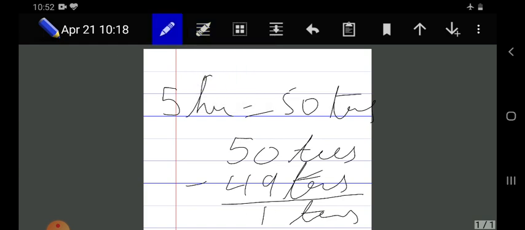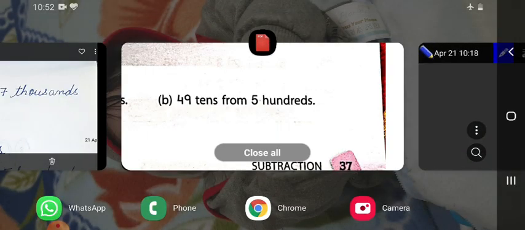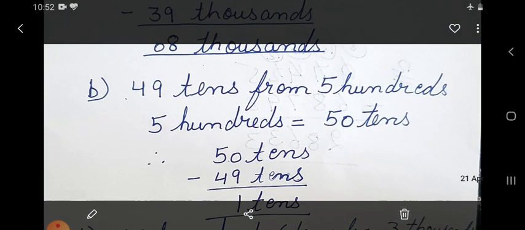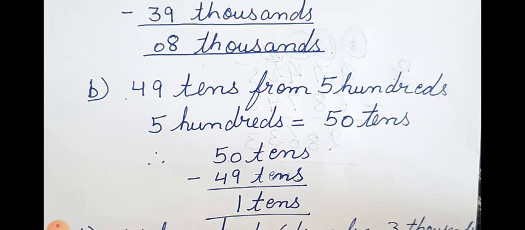So the answer is 1 tenth. Okay. This one is a simple one. I'll show you on the notebook how you have to do it. We will do it like this. So 49 tenths from 500. First of all, we have converted 500 into tens, that is equal to 50 tens, and then 50 tens minus 49 tens, the answer is 1 tenth.